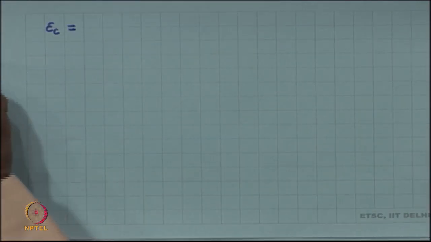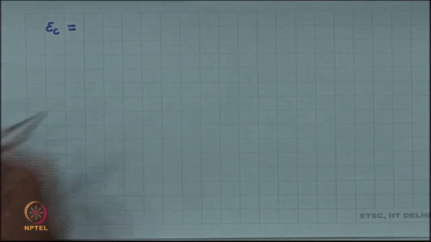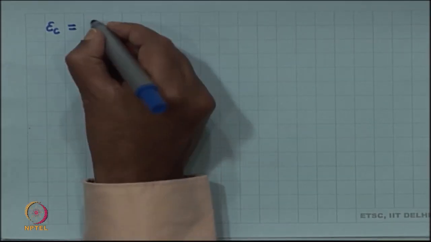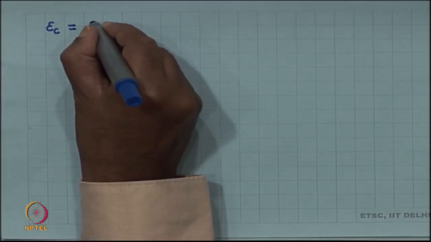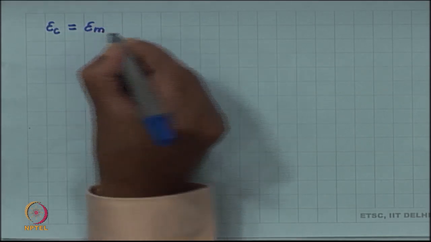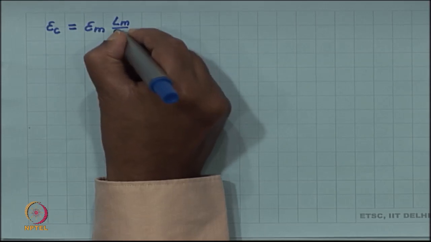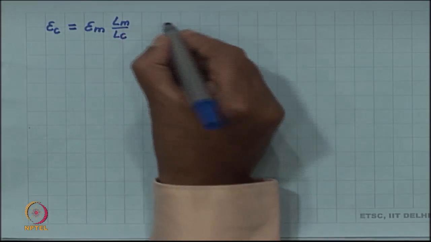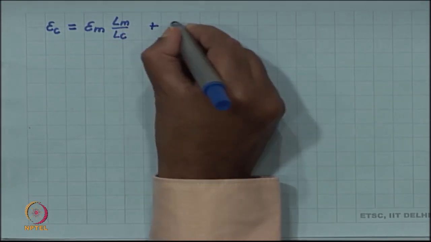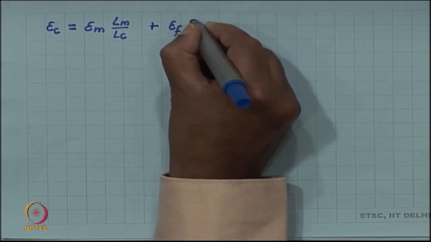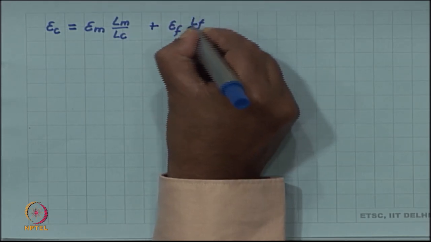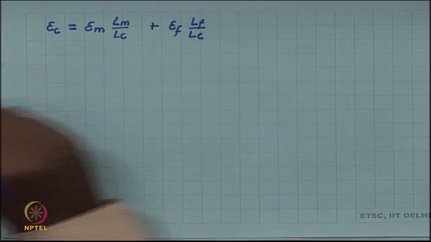So, epsilon c is epsilon m Lm by Lc plus epsilon f Lf by Lc.